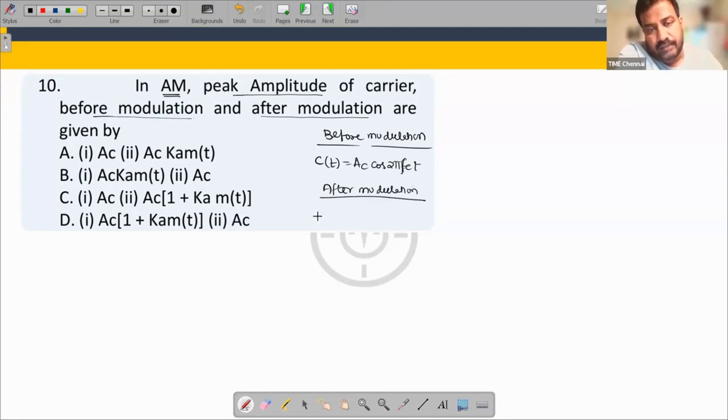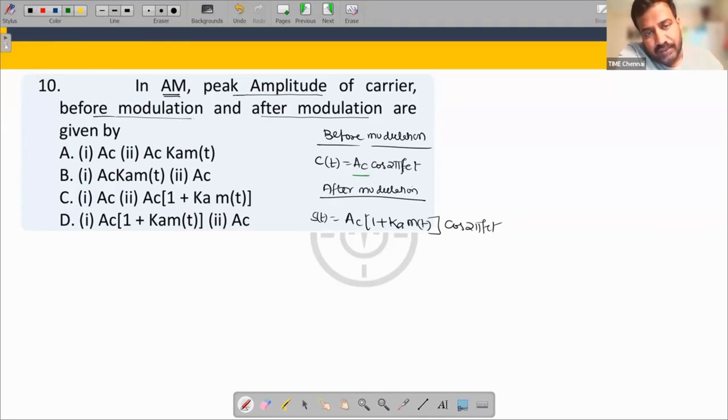And after modulation, the modulated signal is Ac into 1 plus Ka m of t, of cos 2 pi fc t.